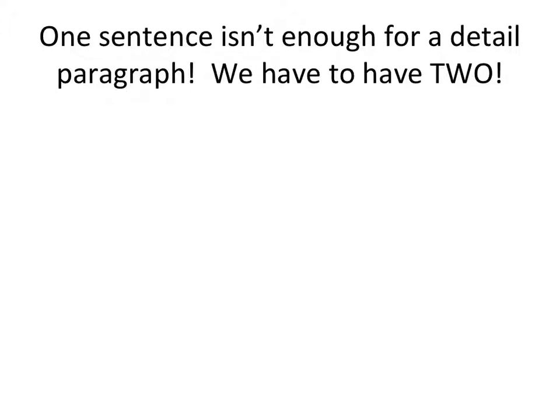Now, one sentence isn't enough for a detailed paragraph. We do have to have two. While you're thinking about this one, you already cited your source. If you are using the same source, you do not need to cite it again. If you are using another source in that paragraph, you would.